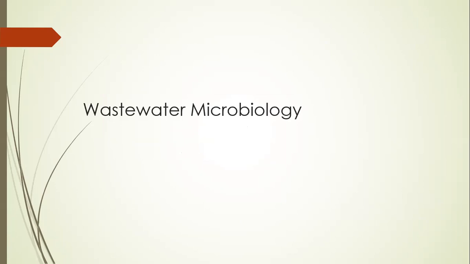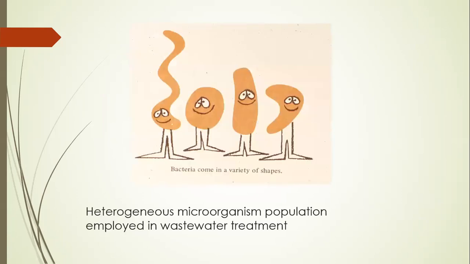Since we are using living organisms for secondary treatment for removal of pollutants, we may also try to understand a little bit of wastewater microbiology. So we will use different types of bacteria, fungi, protozoa, algae in the wastewater treatment.